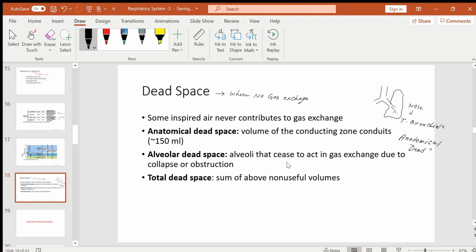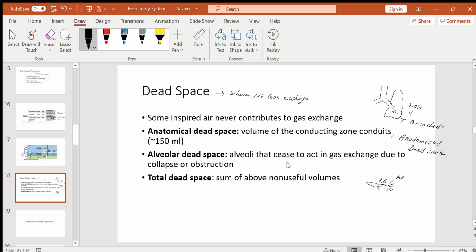Okay, that makes sense. Now let's see inside the lung. This is terminal bronchiole, and you remember then respiratory bronchiole. So this is the respiratory bronchiole, and then alveolar duct. You remember 3 structures where the gas exchange occurs, belong to the respiratory zone. So respiratory bronchiole, alveolar duct, and then alveoli, right?